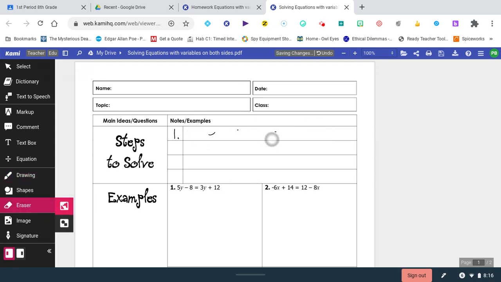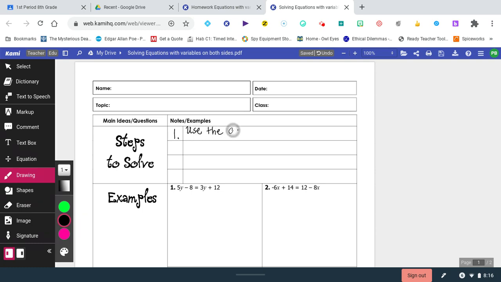I'm going to have to write it smaller. And make sure you're taking notes and writing this down. Okay, that's the first step.